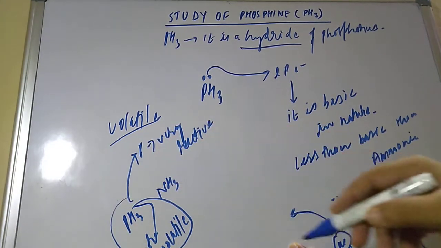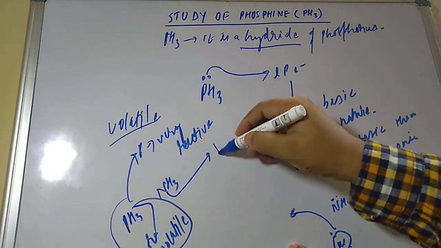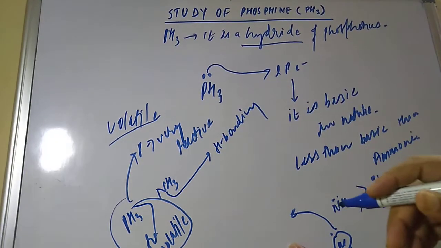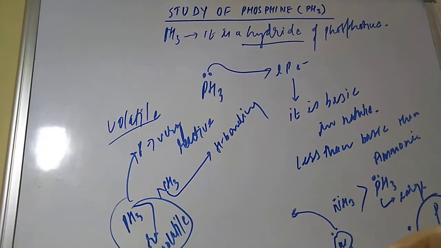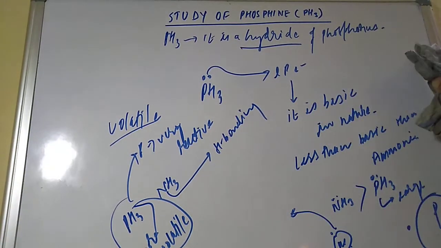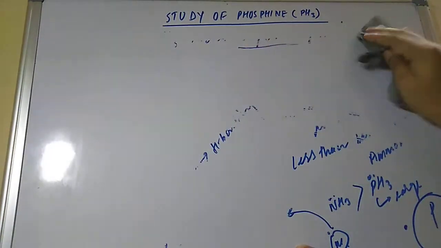Because in ammonia there is H bonding, so the volatile nature becomes very low, because it exists in a polymer-like form. So this is all about the basic description of PH3.